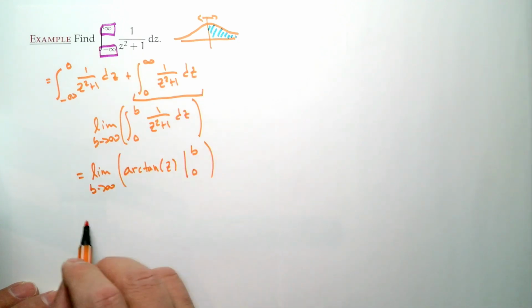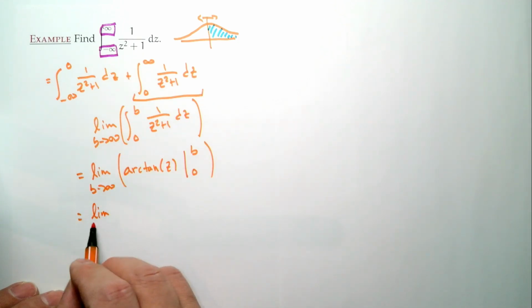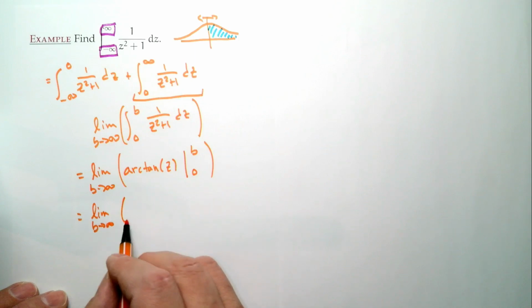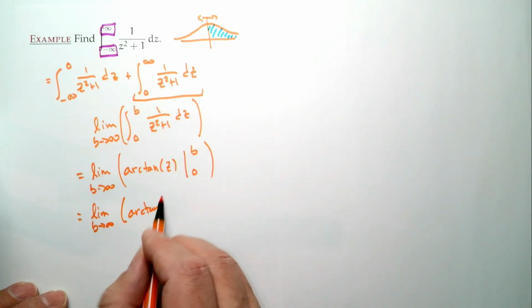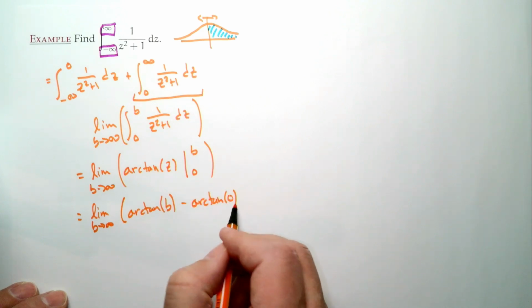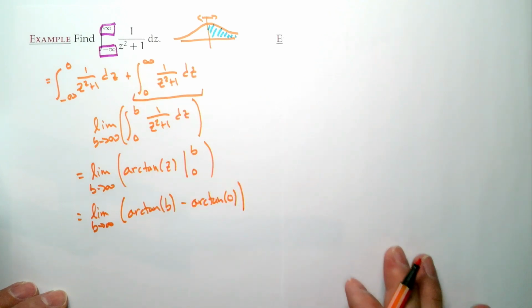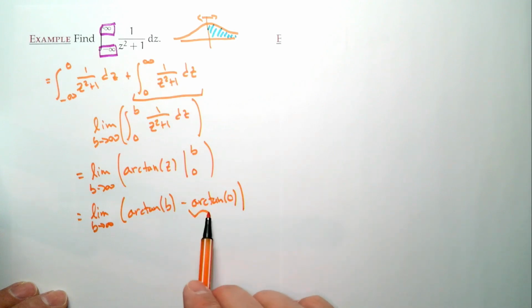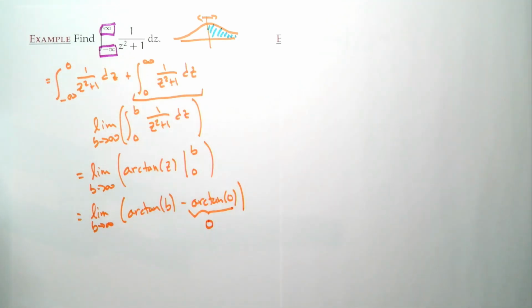Which means we're taking the limit as b goes to infinity of arctangent of b minus arctangent of 0. Now, what is arctangent of 0? It's 0. That's one of the reasons I say 0 is your friend.